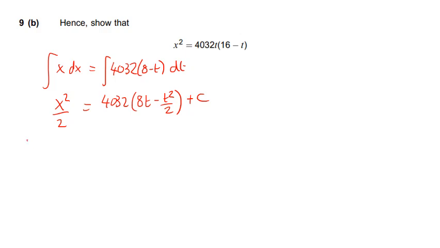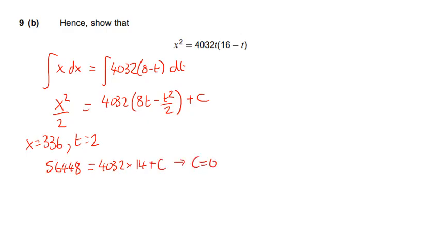But I also knew from the first part, from the boundary condition, I had x equals 336 when t was equal to 2. So if I substitute those in, on the left I get 56448, and on the right I get 4032 times, so 8 times 2 is 16, minus 2 is 14, plus c, and if you work that out you find c is 0.